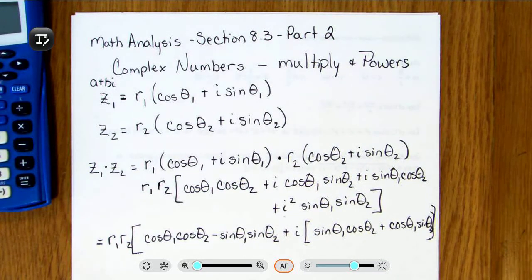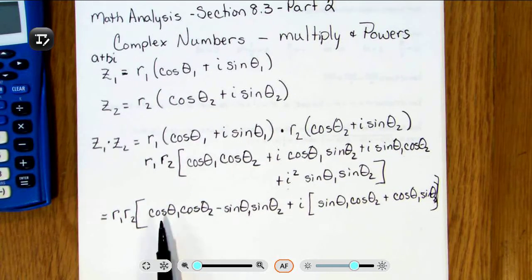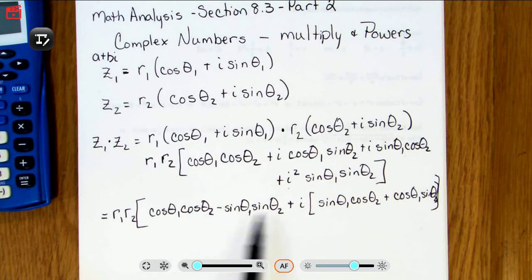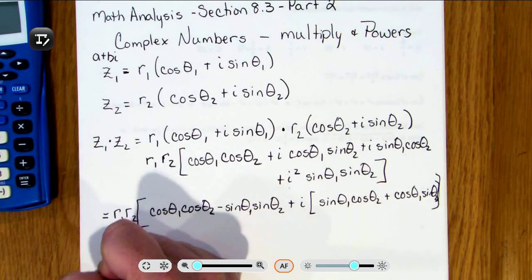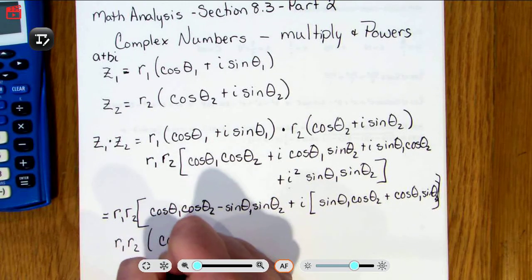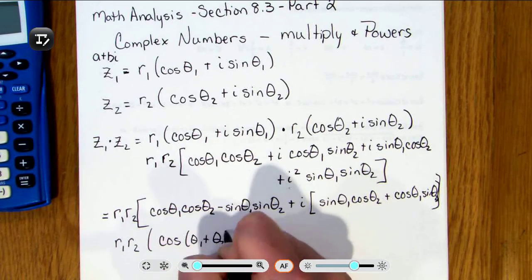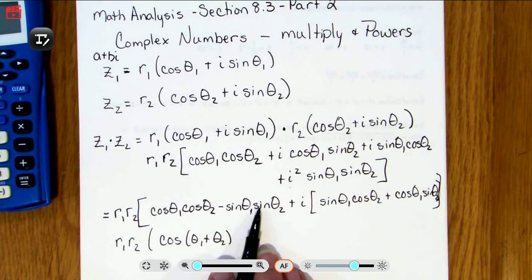All right. Now if we go back to our identities formula sheet, and you look at this, you have cosine, cosine, minus sine, sine. This is actually the cosine of the addition of those two angles. So I can add those two.